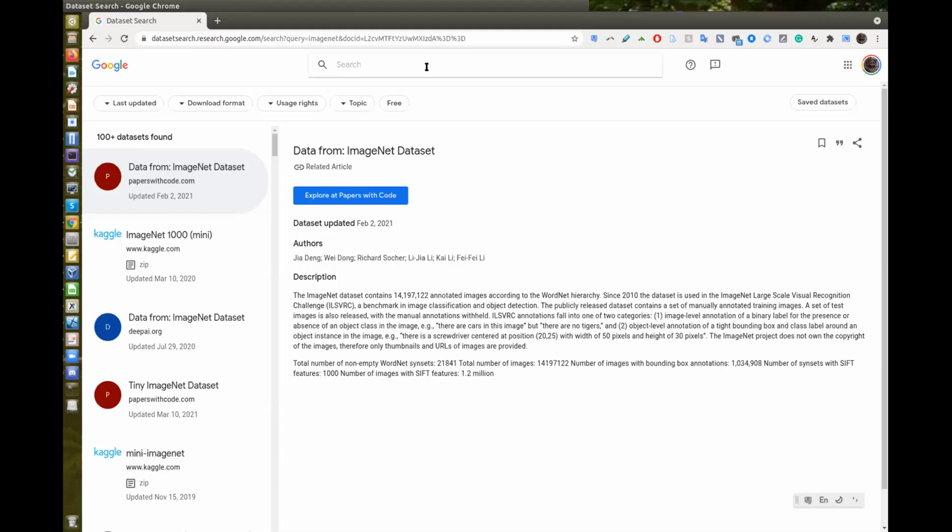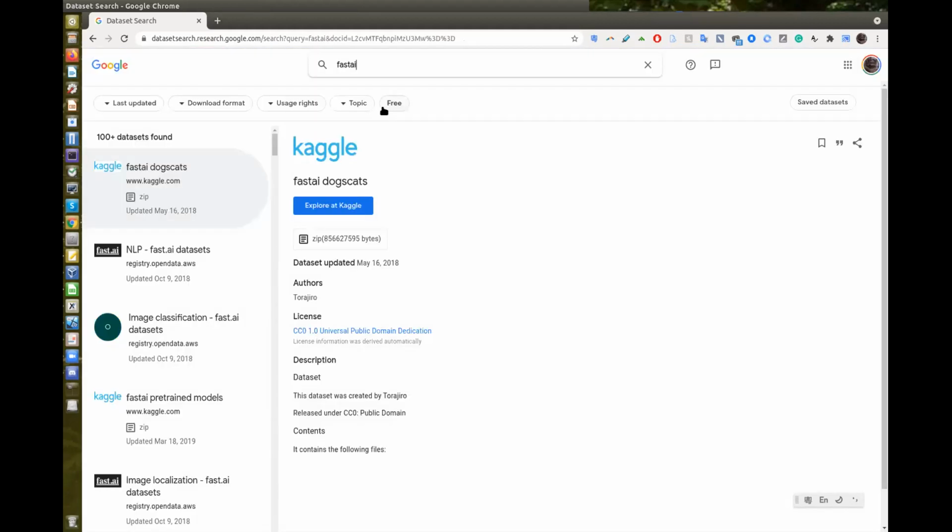Okay, I suddenly forgot what that's called. Oh yeah, I think there's something called fast AI, but that's kind of annoying also because the documentation is not great.